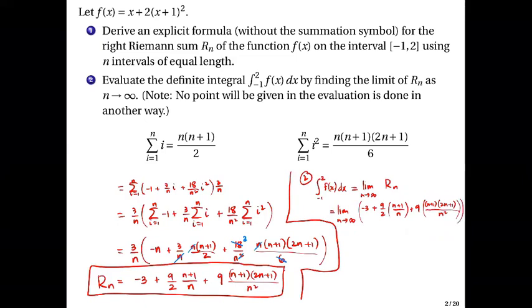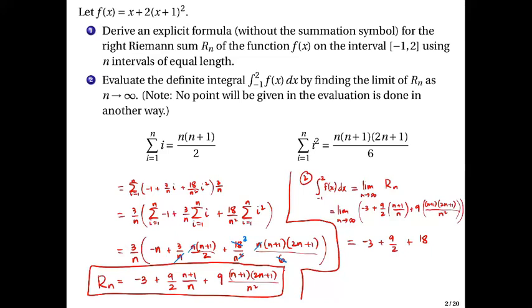Okay? And if we evaluate the limit, we'll just get -3 plus 9 over 2 plus 18.